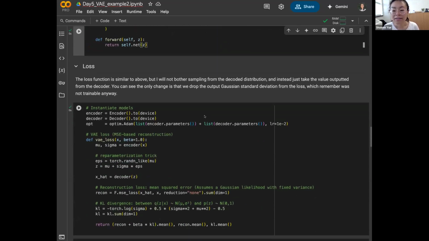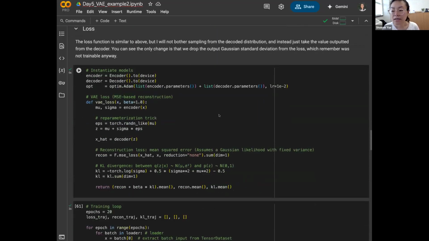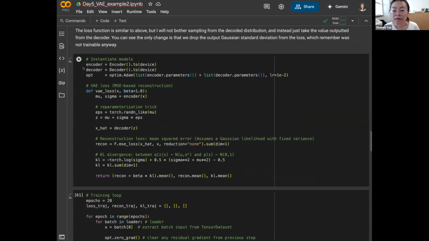So we'll go back to the loss. This is very similar. Same as before, we define our encoder, decoder, and optimizer for both the encoder and decoder all together. Just have this full end-to-end optimization process. The loss here: the encoder will get this mu and sigma in the loss, and then this is the reparameterization trick and we get the decoder, but we're going to use an MSE for the loss here.